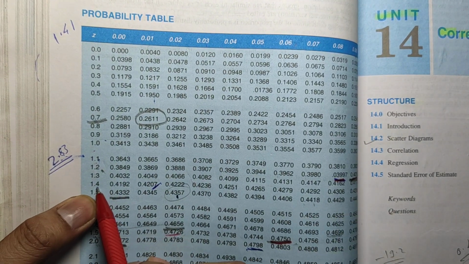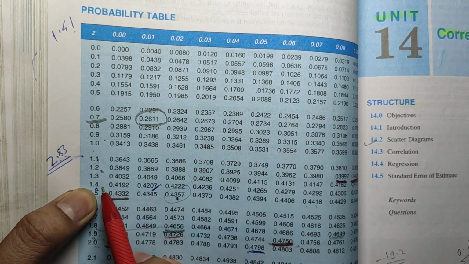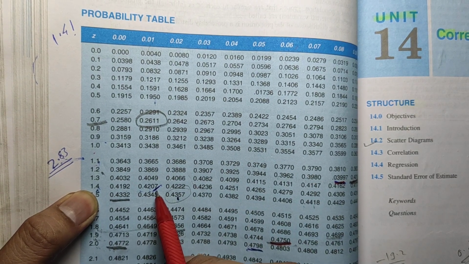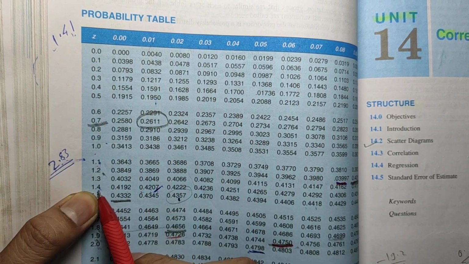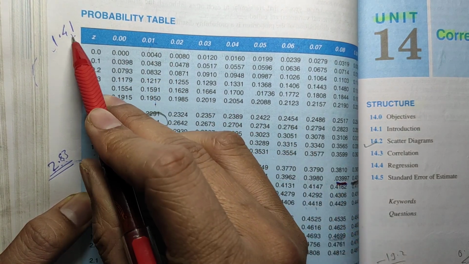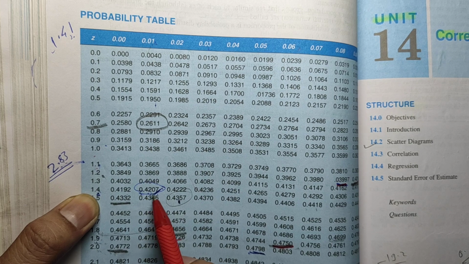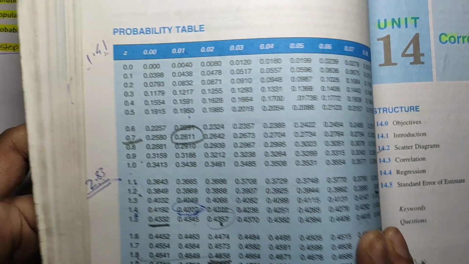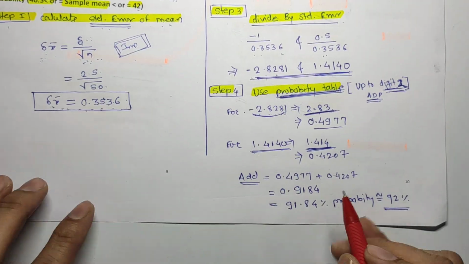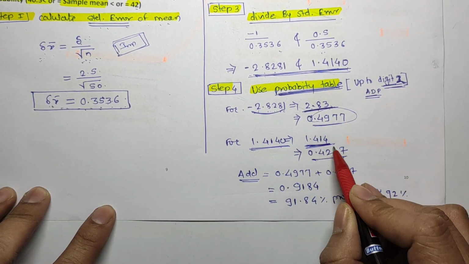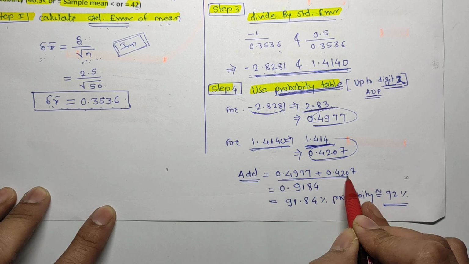Here, sir, here is the 1.4, and the next digit is 1, so in the first column we have to find. So our answer will be 0.4207. So take the value 0.4207.